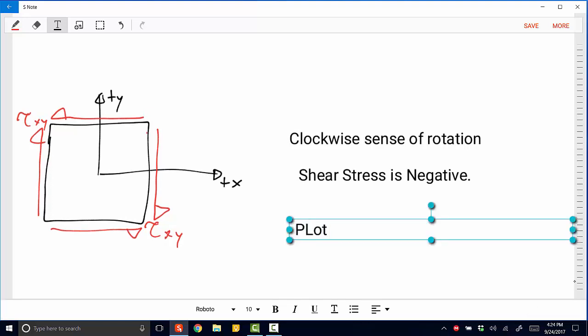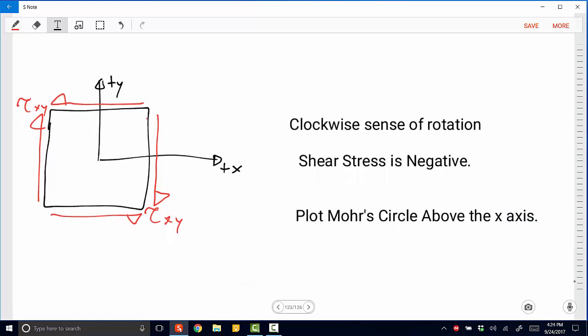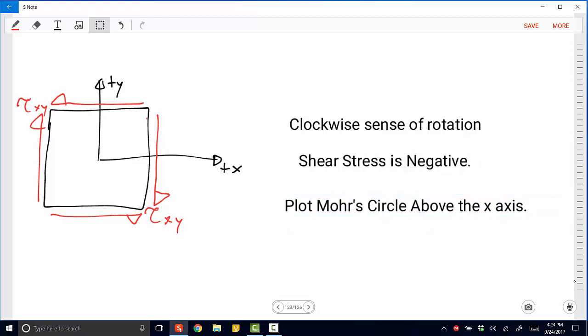Now when we plot Mohr's circle, we are going to plot above the x-axis. So our value of shear stress is negative, we have a clockwise sense of rotation on our positive x line, and when we plot Mohr's circle, we plot above the x-axis.